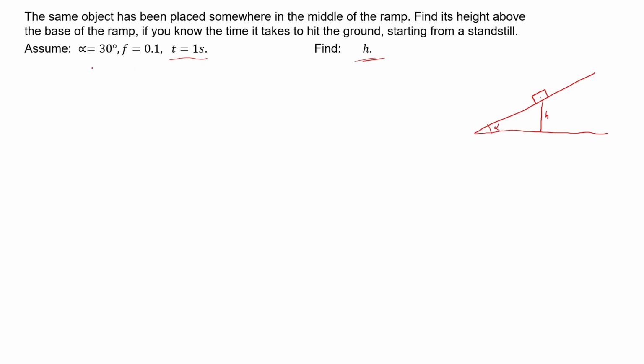It's the same ramp, so we have the same inclination, alpha equals 30 degrees, the same friction, 0.1, but you can notice that this is a different starting position, because in the previous question the time was 2 seconds, and here it is just 1 second.